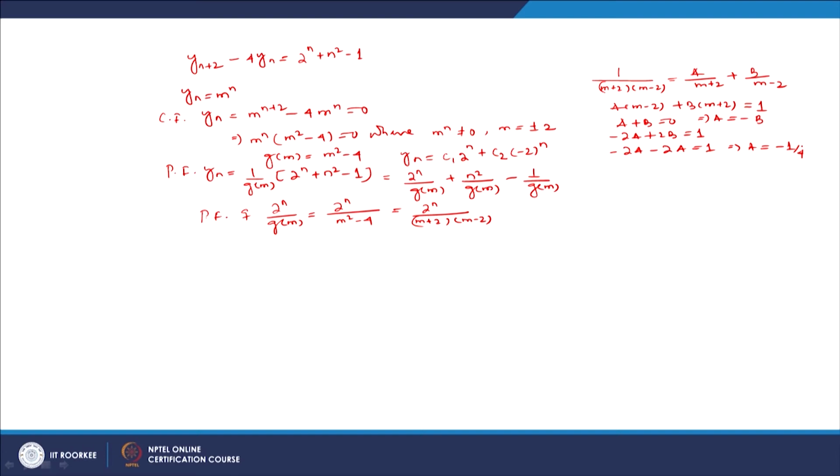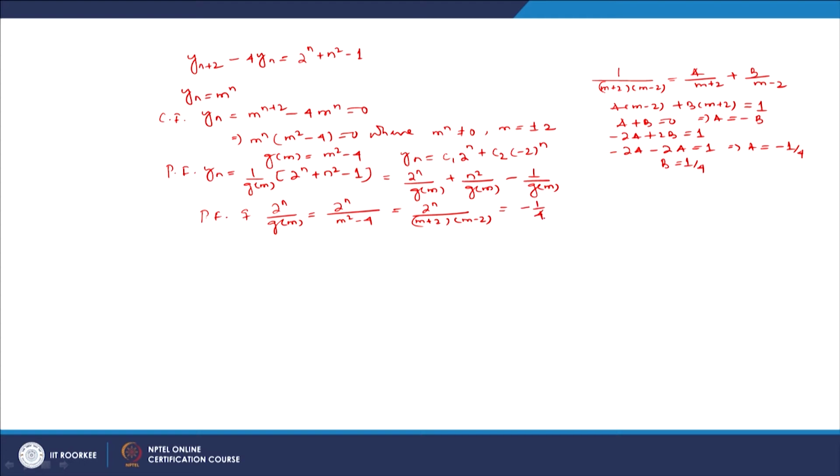And since a equals minus b, b can be written as 1 by 4.